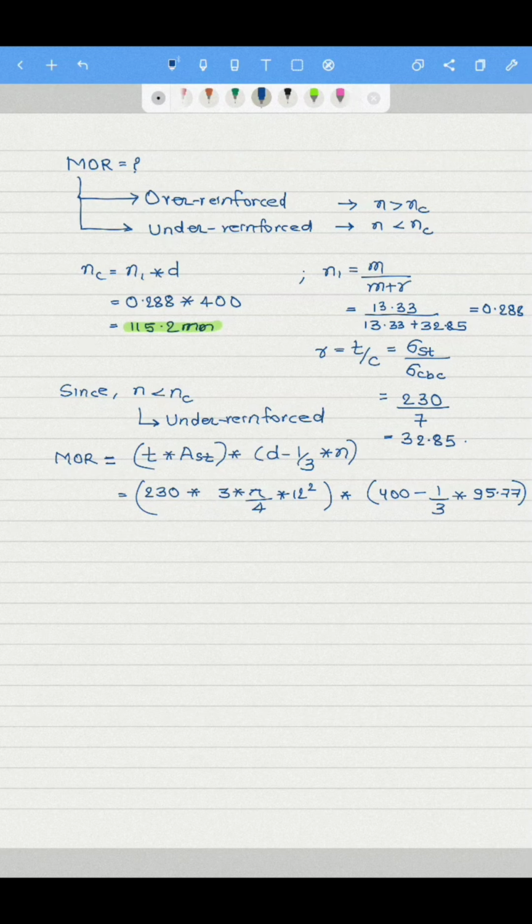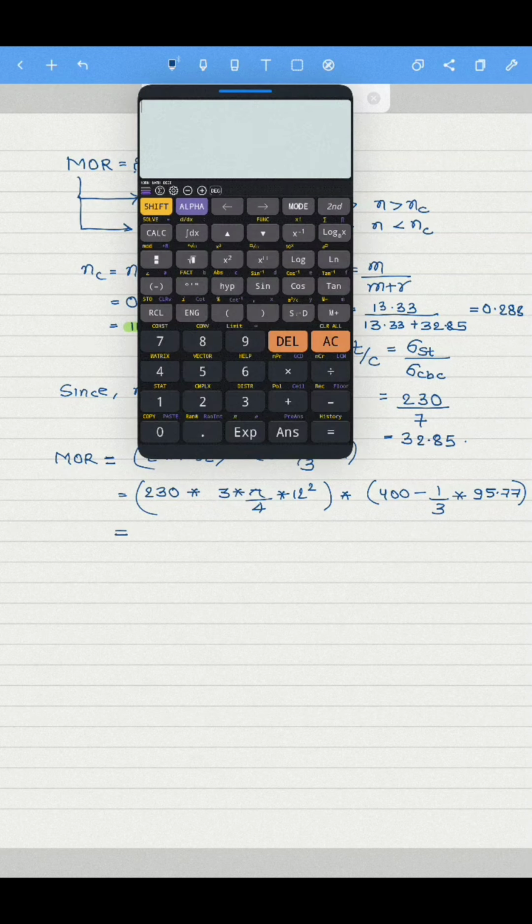Now on solving this, the value here is 28.72 kilonewton meter.